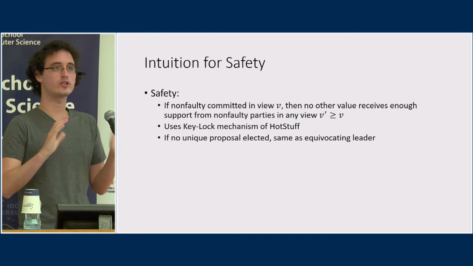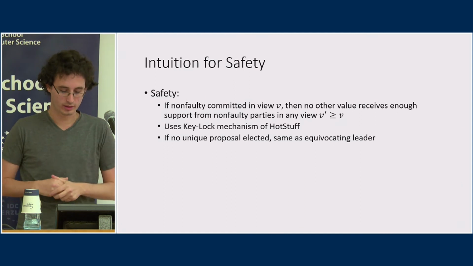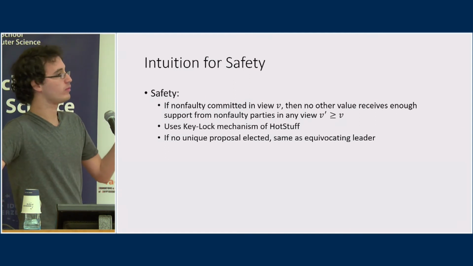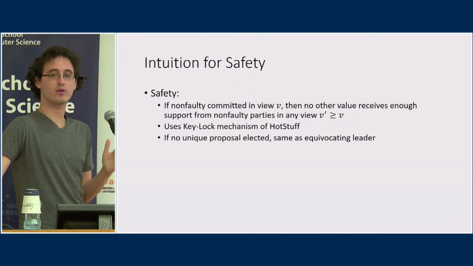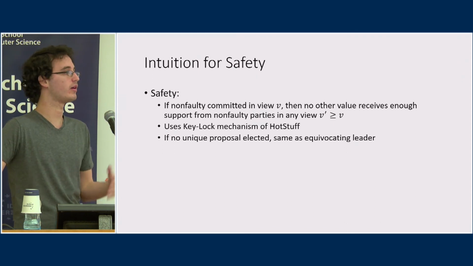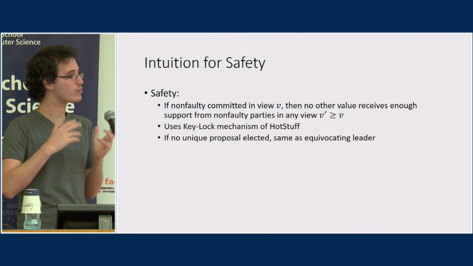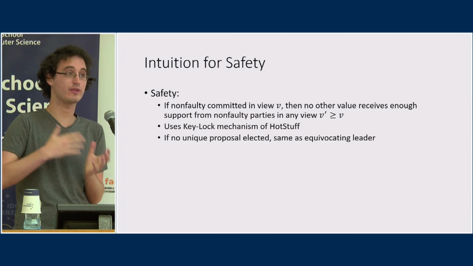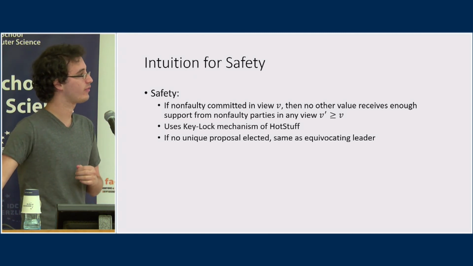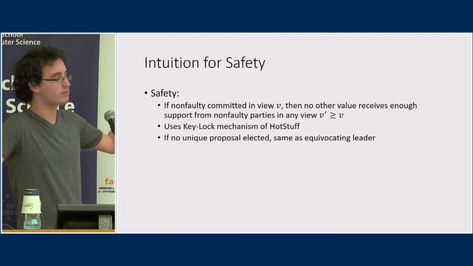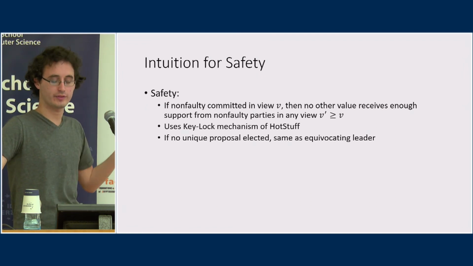So a little bit of intuition: why should this protocol work? We have two parts. The first part is safety. As we said, we don't want to agree to output a wrong value, or a value different from a previously agreed upon value. And why should we have safety?